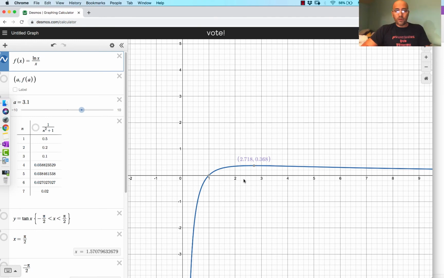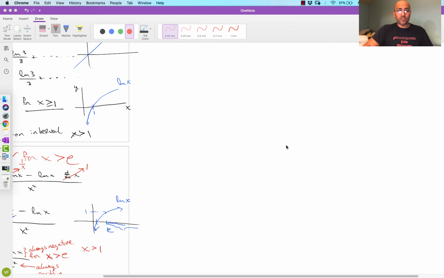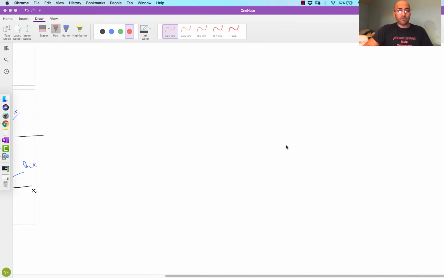All right, so now back to this guy. We've established that the function f of x is positive, continuous, and decreasing. Now we need to know, what is the integral of that function? Does it converge or does it diverge?